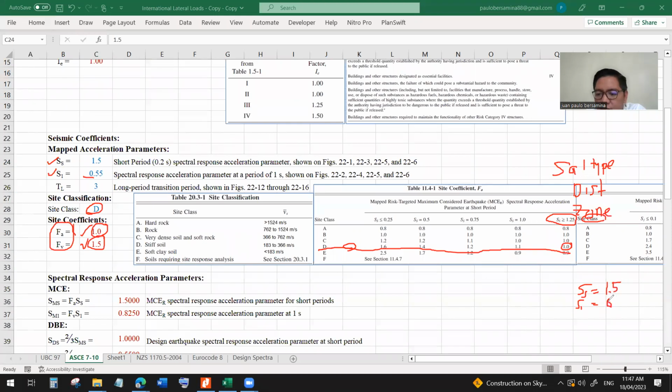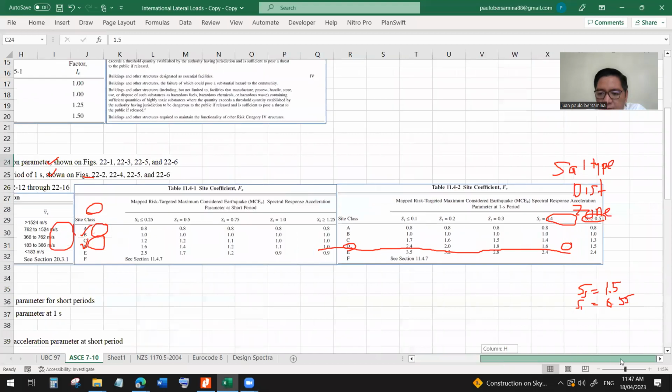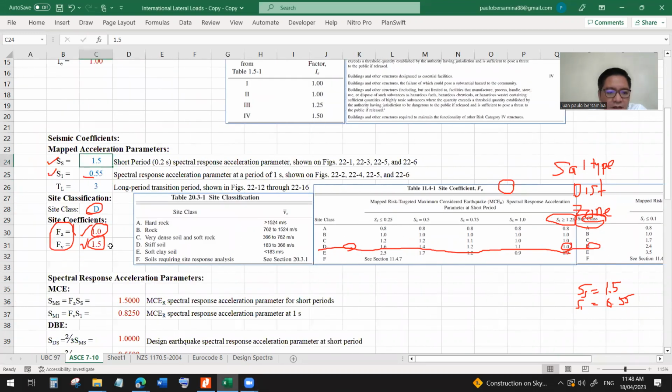So, our S1 is greater than 0.5. So, ang ating F sub V ay ito, 1.5. Okay?